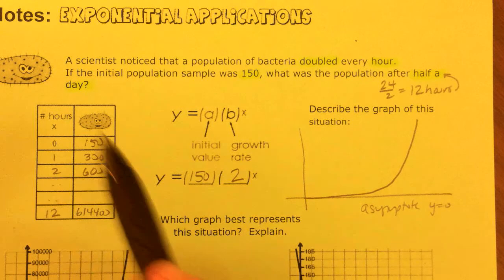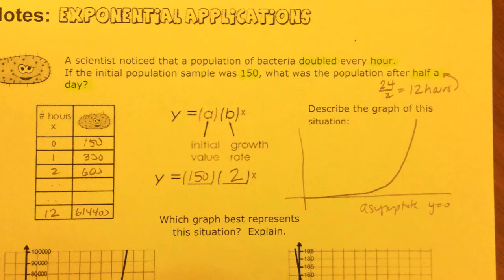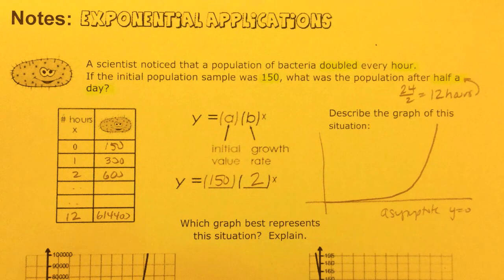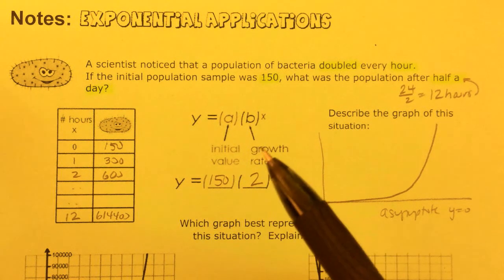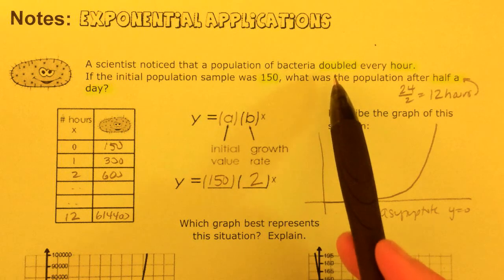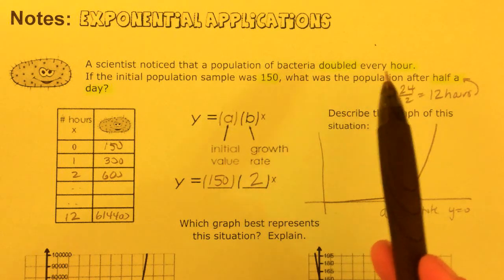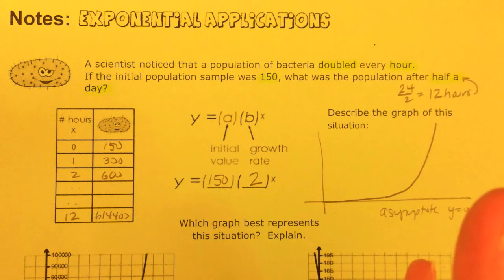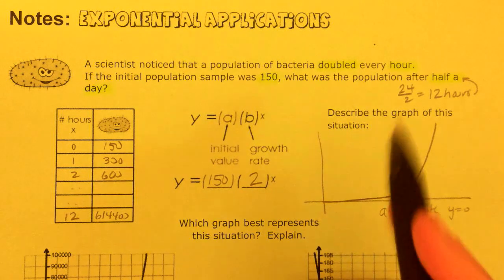Now, remember, for this one, do we think it's going to be discrete or continuous? I think it's going to be continuous data, because even though it's doubling every hour, this is a tricky one, honestly, but I know that my range is going to be greater than 0.